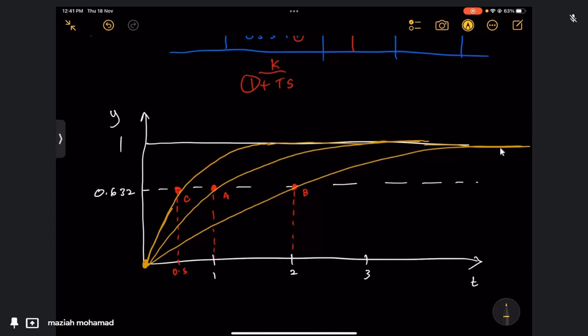The lowest time constant gives the fastest response. That is the effect of time constant: it explains how fast the system will respond to the input, just by checking the time constant. Okay, boleh faham?